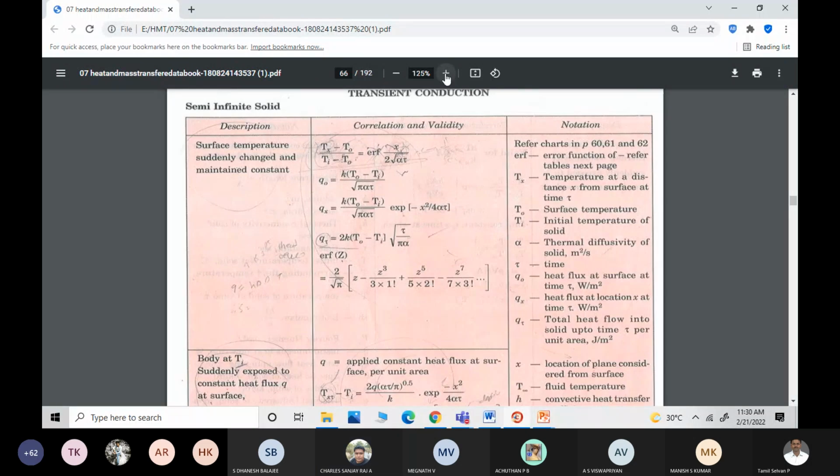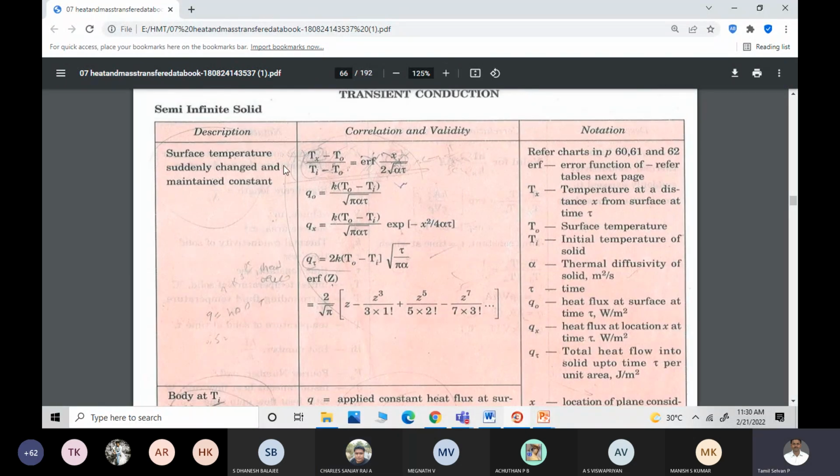Yes, sir. So now you can see here, Tx minus T naught divided by Ti minus T naught is equal to error function of x divided by 2 square root of alpha tau. Tx is the temperature at a distance x from the surface after some time tau, T naught is the surface temperature, and Ti is the initial temperature.